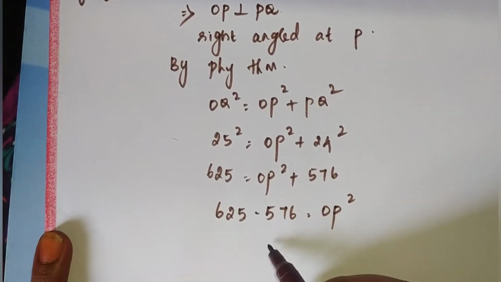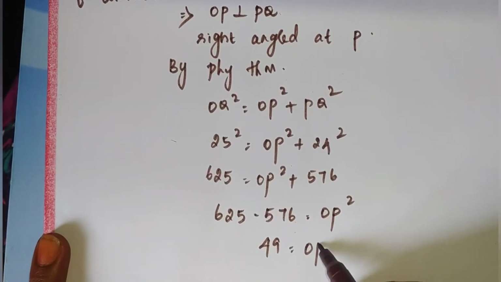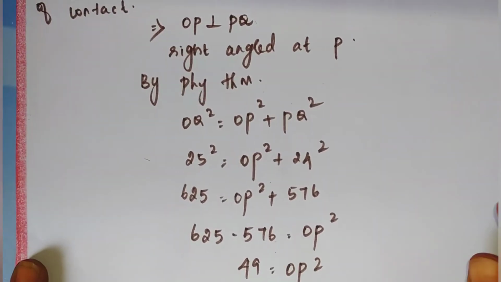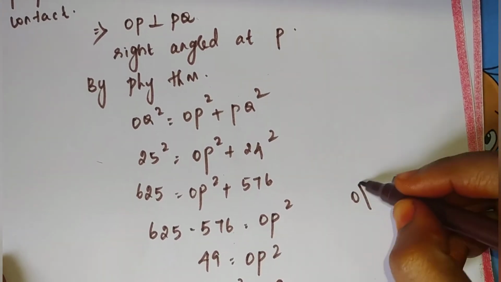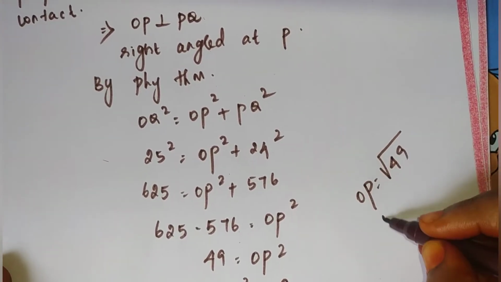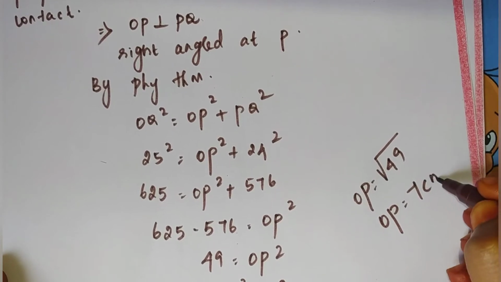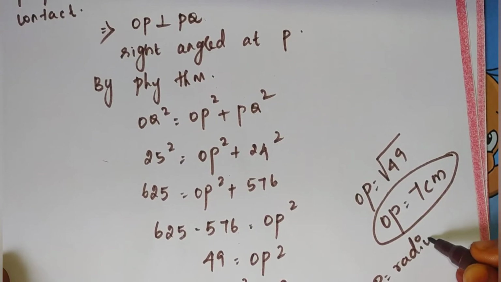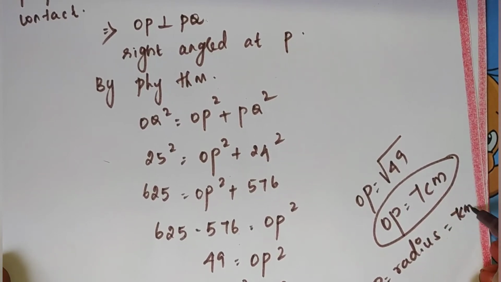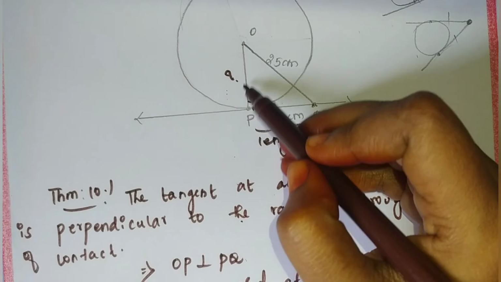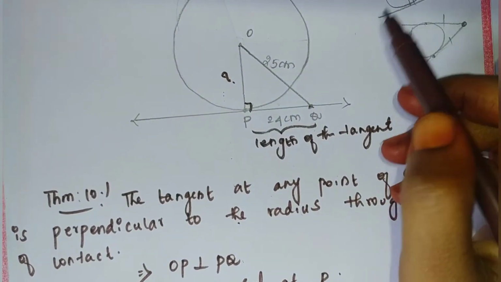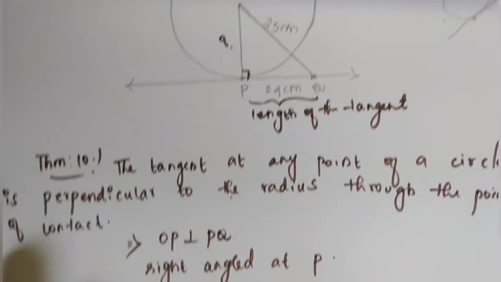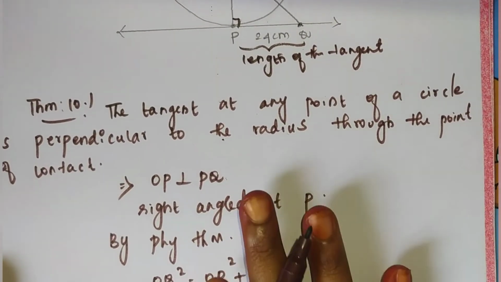Then what you will get if you subtract? 49. Shift the square to right hand side. OP is equal to 7 centimeter. So OP, that is the radius, is equal to 7 centimeter. Clear, children? This problem we solved by using theorem 10.1.